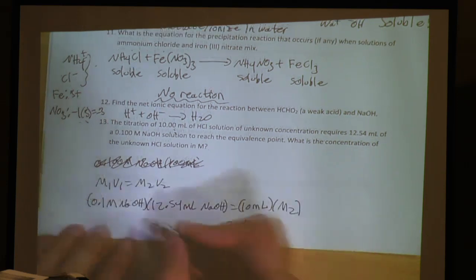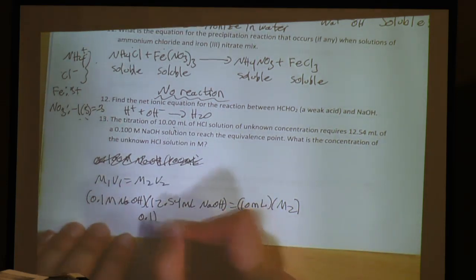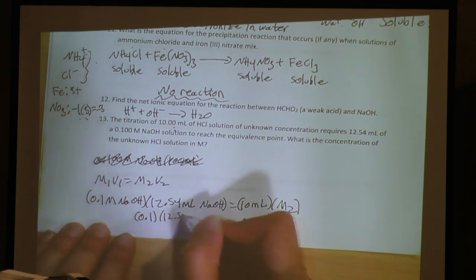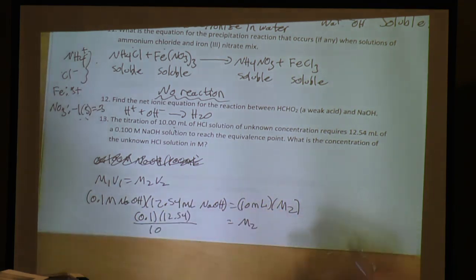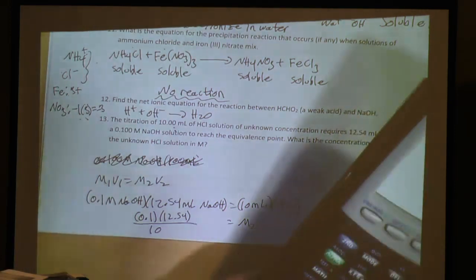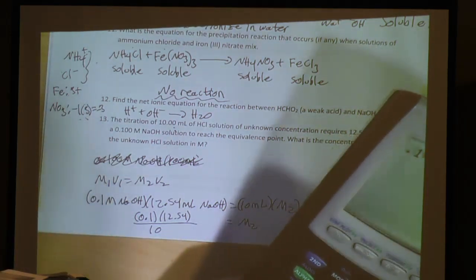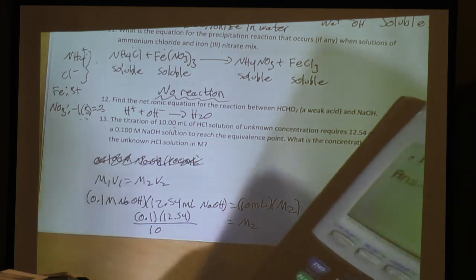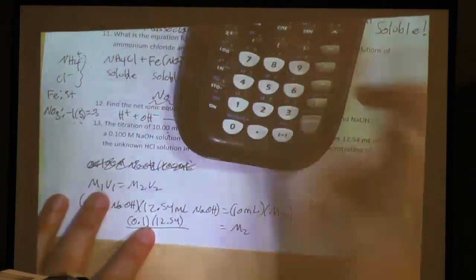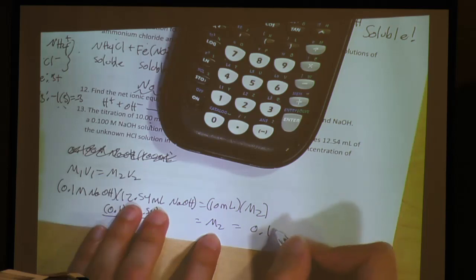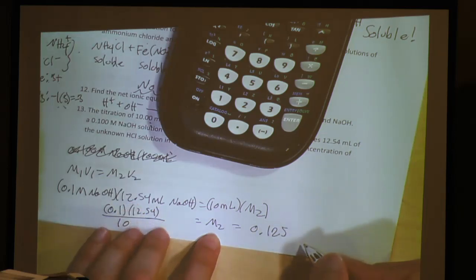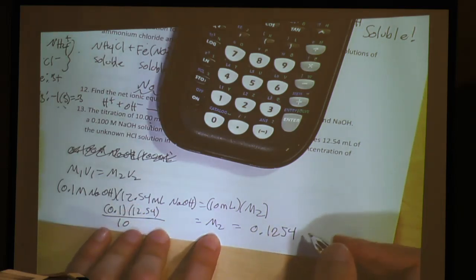So M2 is equal to 0.1 times 12.54 over 10. That's going to equal 0.1254.